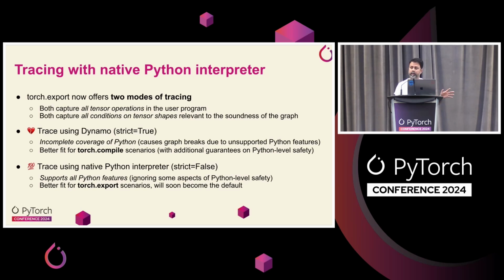It's just not such a good fit for TorchExport. So now we have this new mode of tracing where we use a native Python interpreter, and by definition it supports all Python features. And so this entire class of graph breaks go away. We think it's a better fit for TorchExport, and it's going to be the default soon. But for now, you can use it by passing in strict equals false to your export.